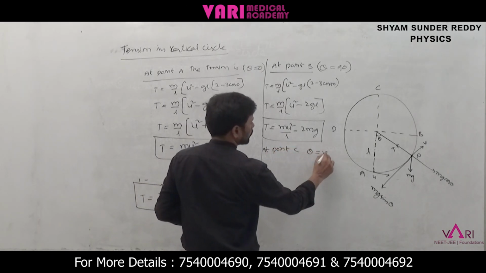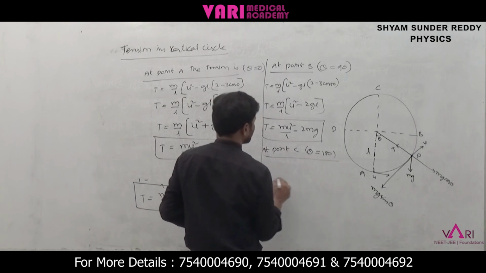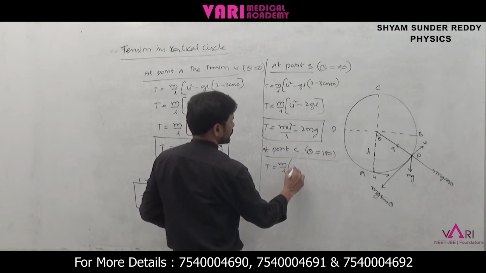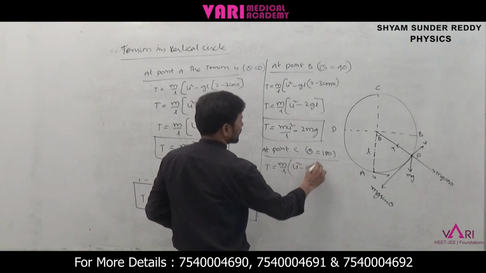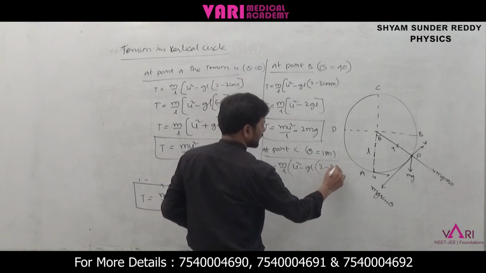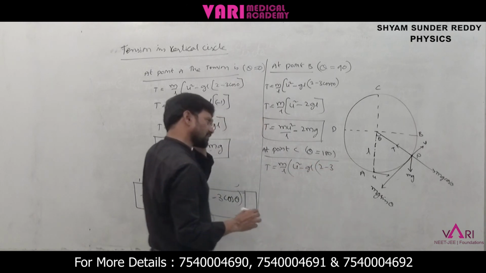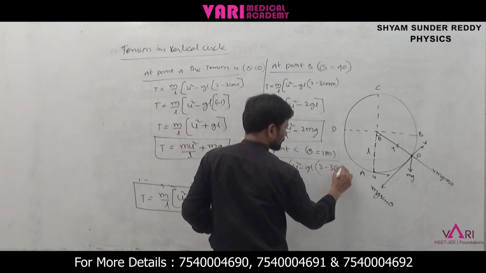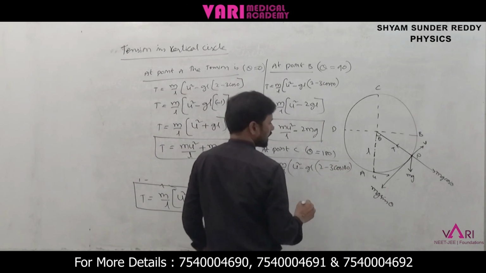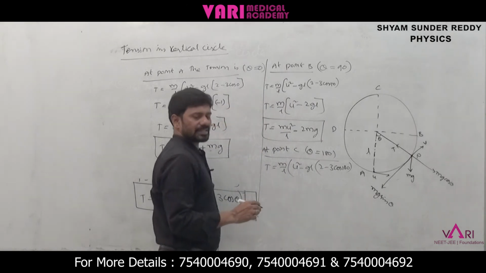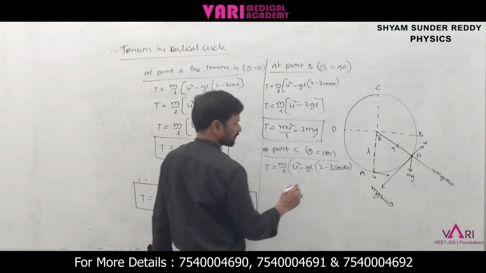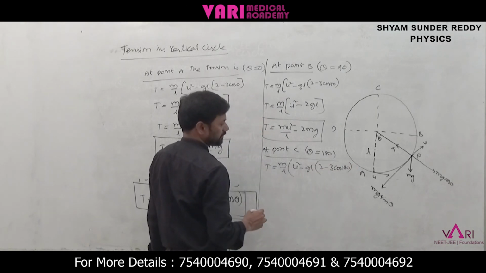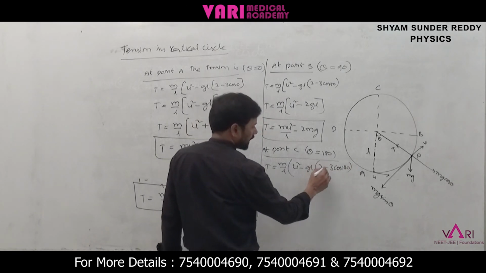At point C, theta is equal to 180 degrees. Then what is the tension? T is equal to m by L into u square minus gl into 2 minus 3 cos 180. Cos 180 is minus 1.